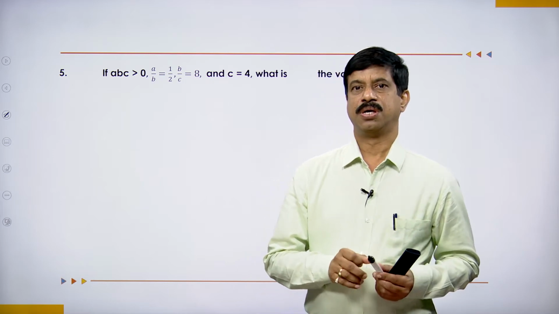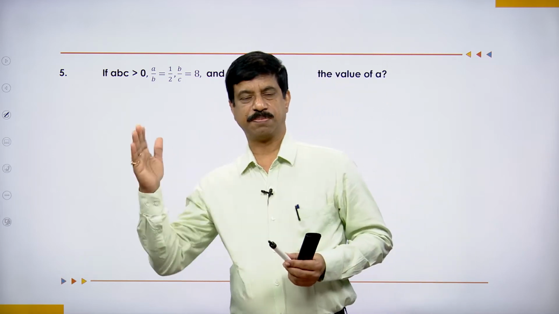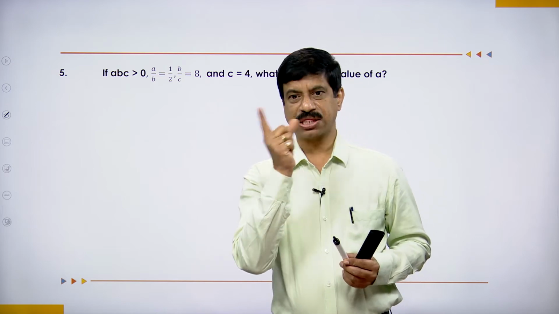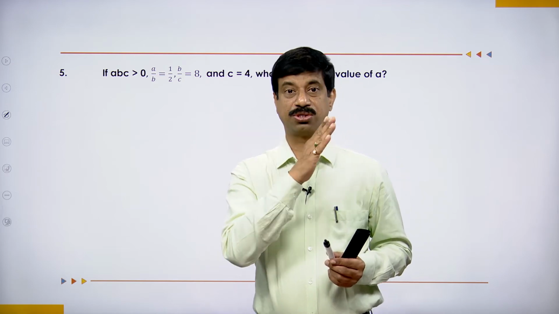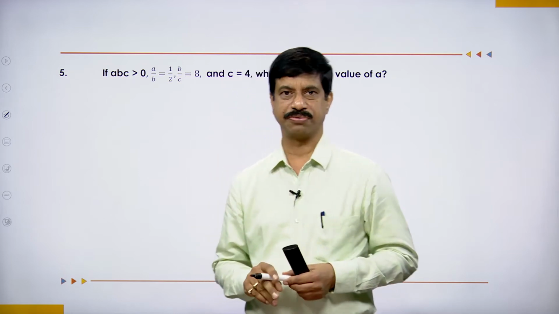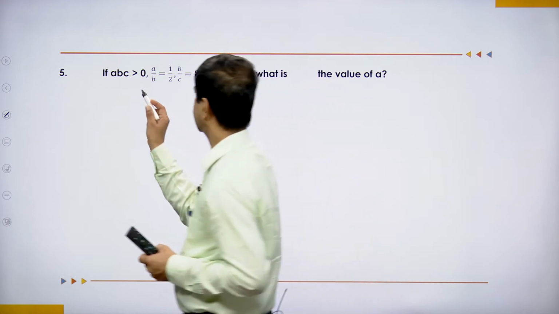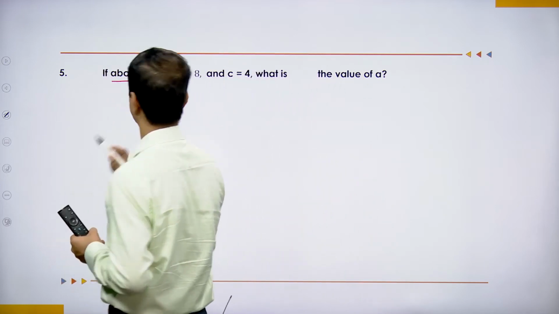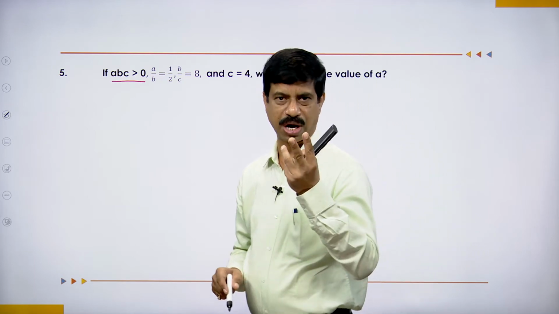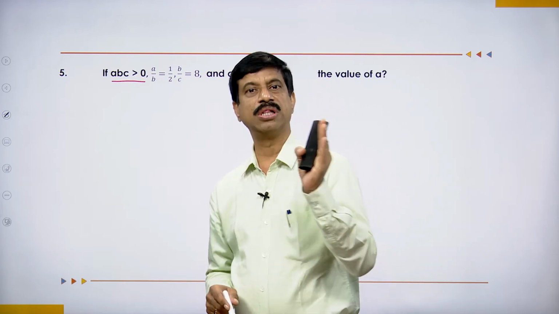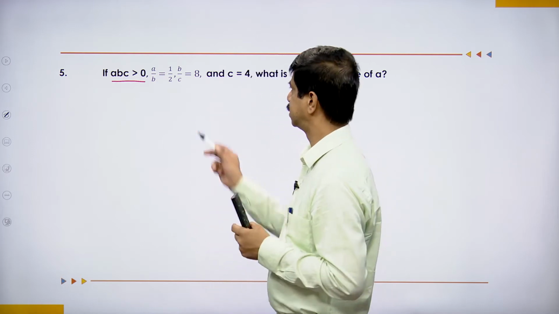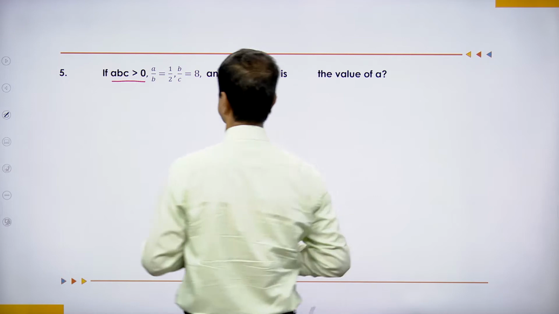Or two of them can be negative and the third one positive, since negative times negative is positive and positive times positive is positive. So when I say ABC is greater than 0, either all three are positive, or one is positive and the remaining two are negative. So let us see what all the given conditions are.